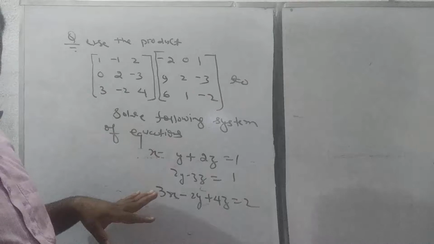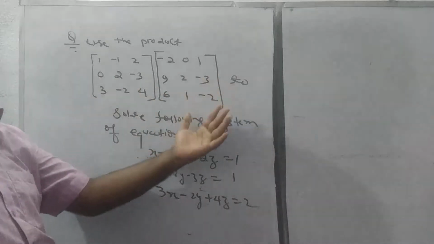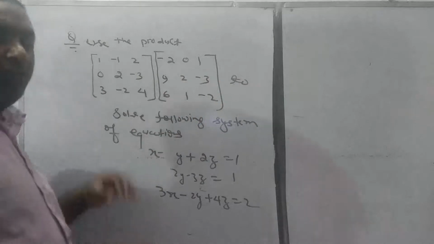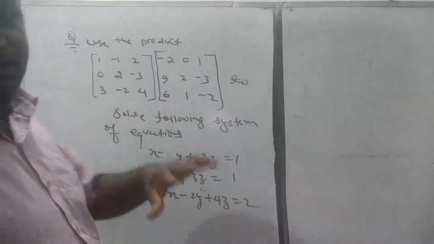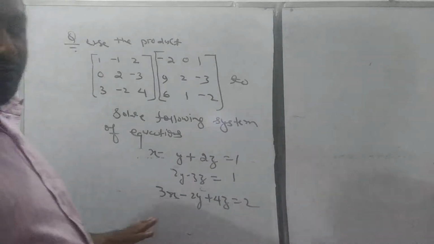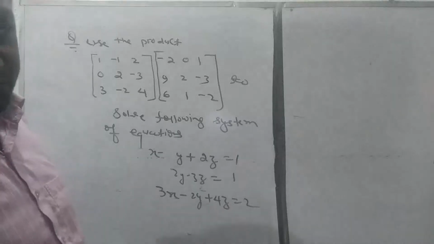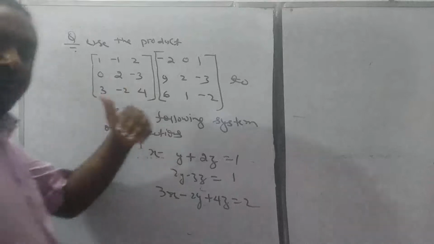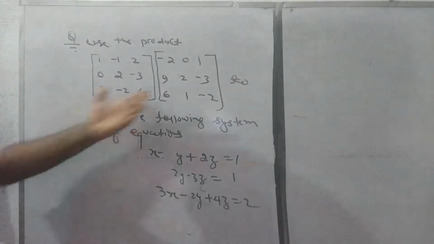So our aim is to find the A inverse by using this product. In such a question, we don't need to find the determinant of A, then the cofactor, then the adjoint, then the A inverse. We simply use this given product to find the A inverse. That's how this question is different from the other questions. And this is very easy.